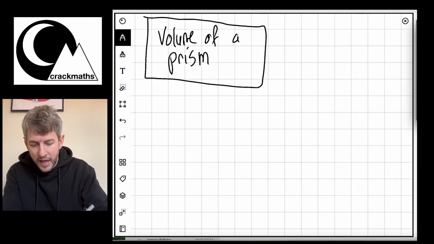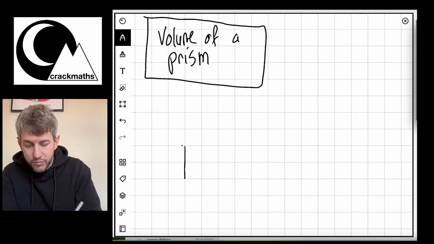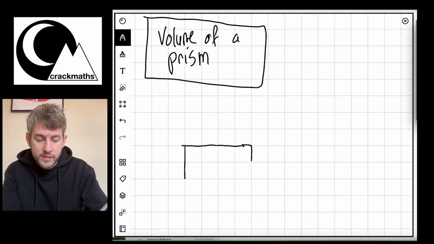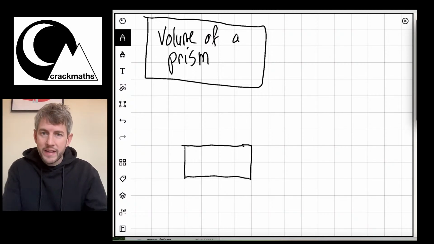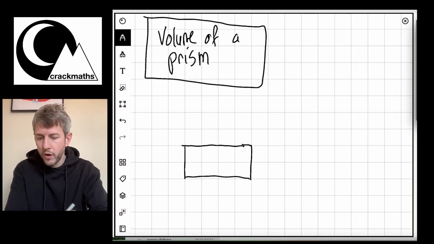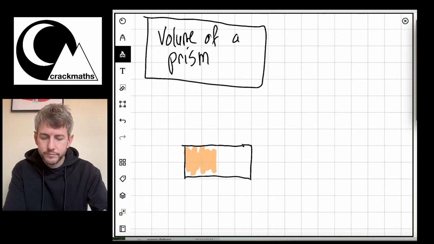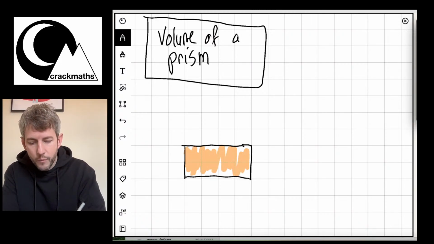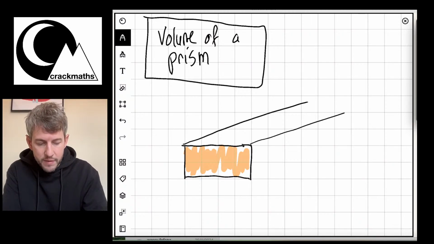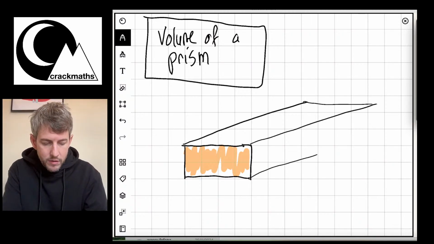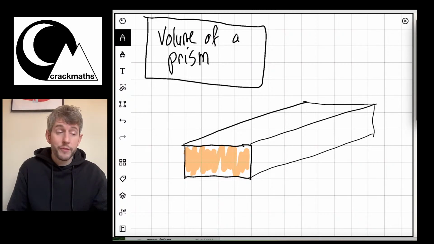So we could have a rectangular prism, or what we'd also just know as a cuboid. So a rectangular prism starts off looking like a rectangle, okay, and then we turn it into a three-dimensional shape by going backwards. Okay, so this is something like a brick.